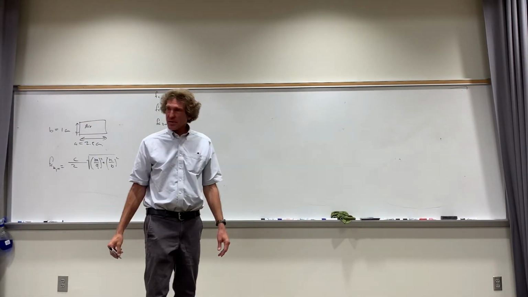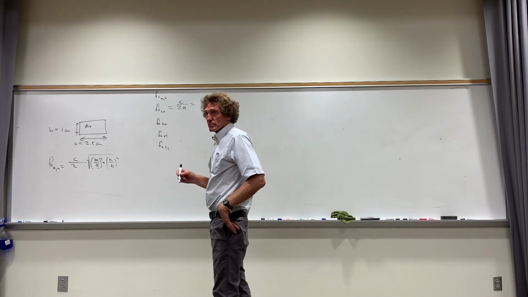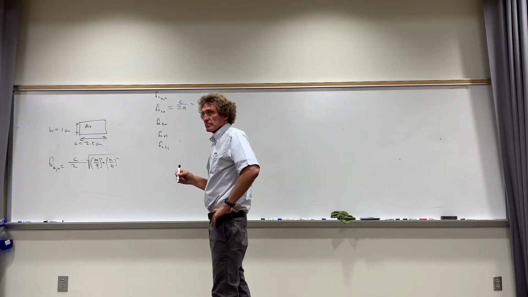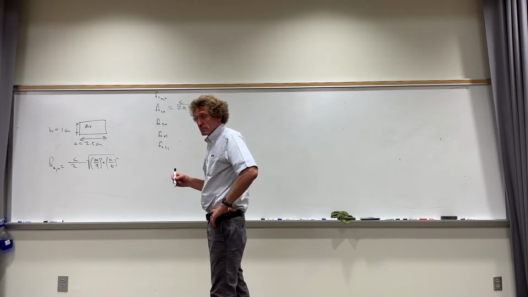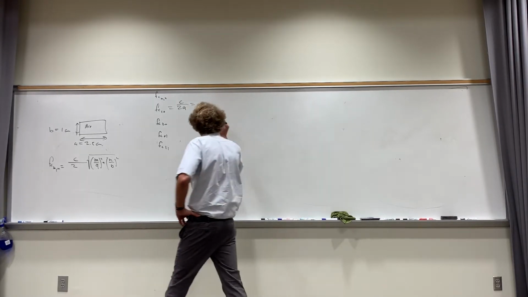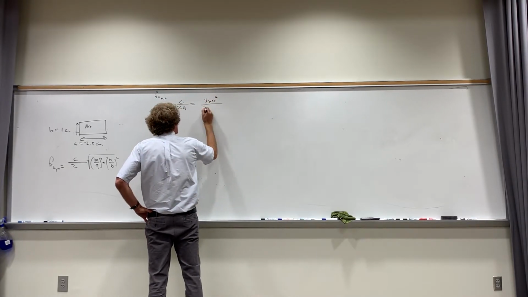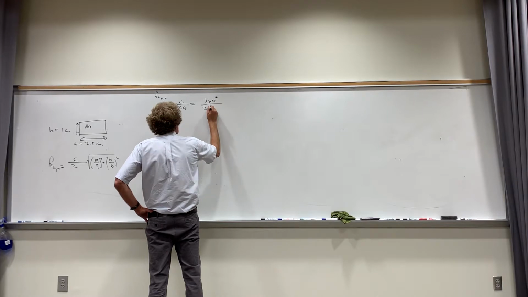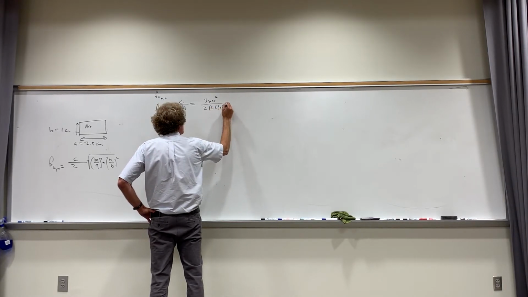C is 3 times 10 to the 8th. What do you get? This is 3 times 10 to the 8th over 2, and A is 2.5 times 10 to the minus 2.